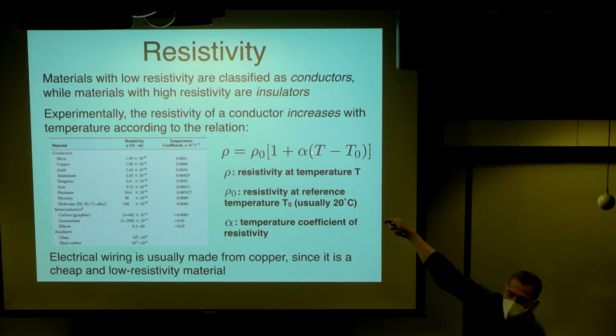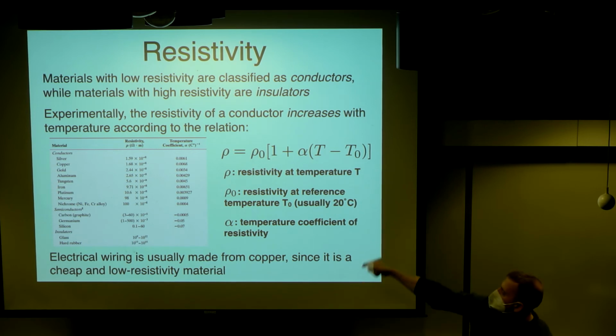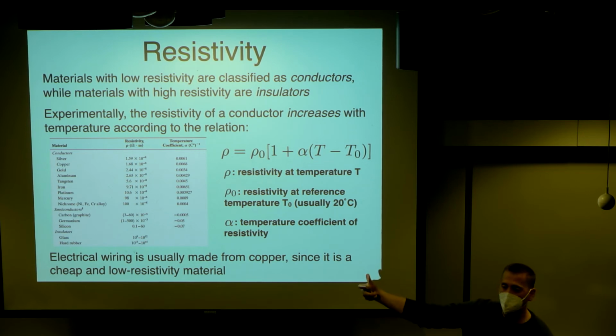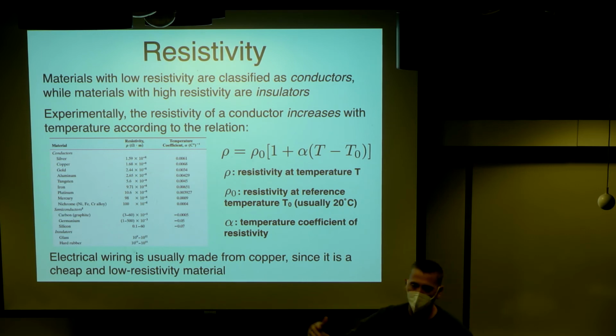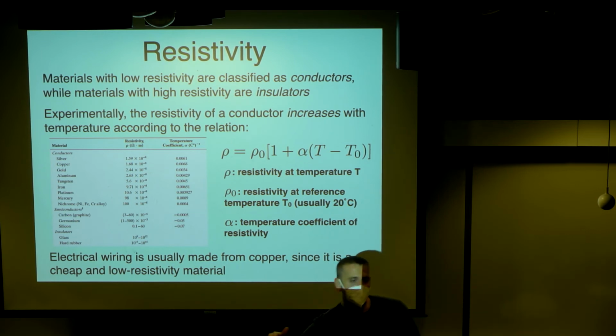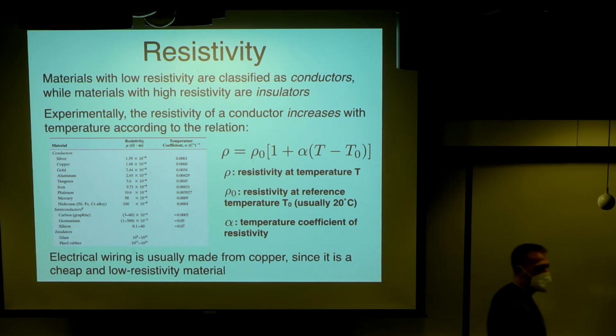As T goes up, hopefully you can see the resistivity is going up, but it also depends on what this coefficient is. If alpha is bigger, then your resistivity grows really quickly as temperature goes up. If alpha is smaller, then your resistivity doesn't grow that fast as temperature goes up. So that's how the temperature dependence works.